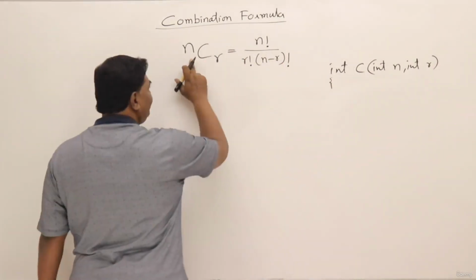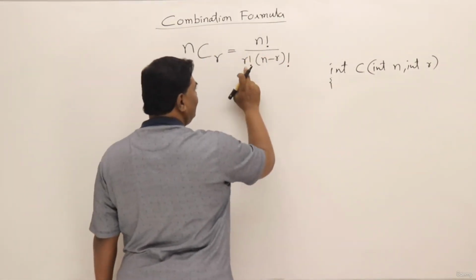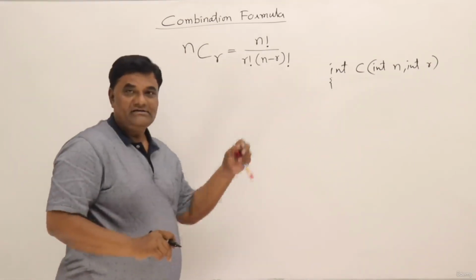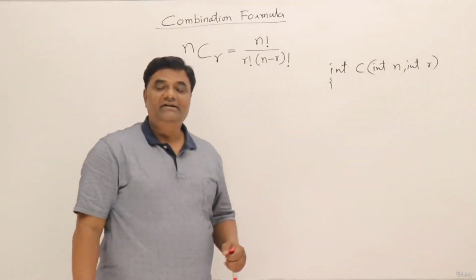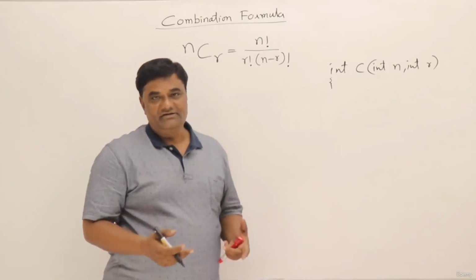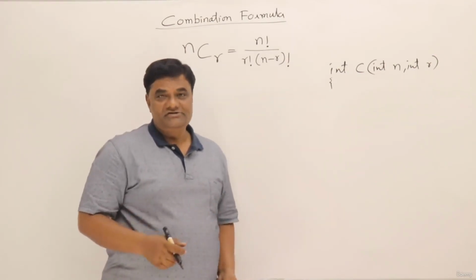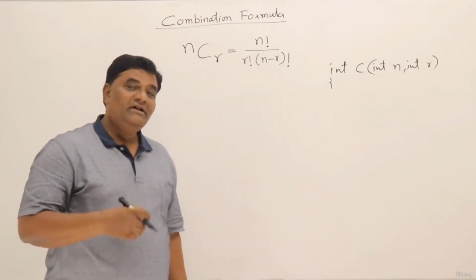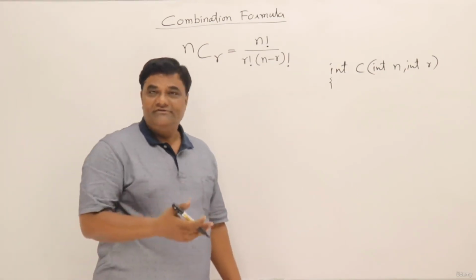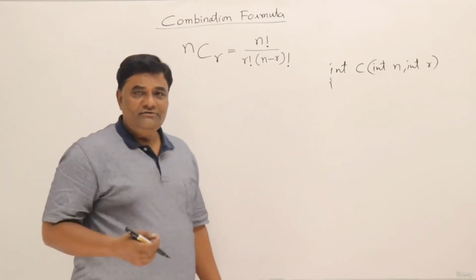Now for evaluation of this formula, I should know the factorial of n, r and n minus r. These factorials I can find by calling the function fact. We have already written a function for finding the factorial, iterative version also, recursive version also. So we can use any of those versions.